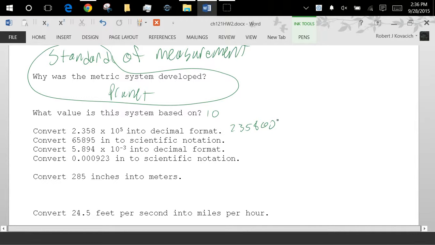Before I mess around with the answer, how many sig figs are in the given value? 4. So how many get to be in the answer? 4. If I put a decimal place right here, what's that say? That all of those are significant and it's 6. So if there's no decimal place there, then you can't assume that those 2 zeros are significant.